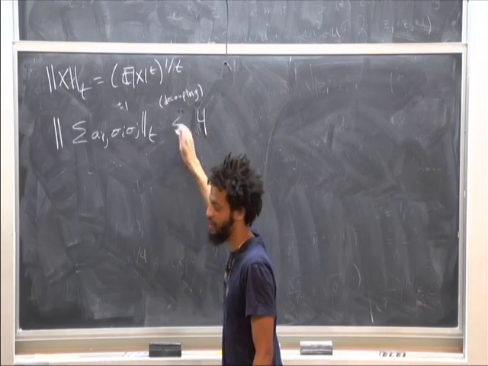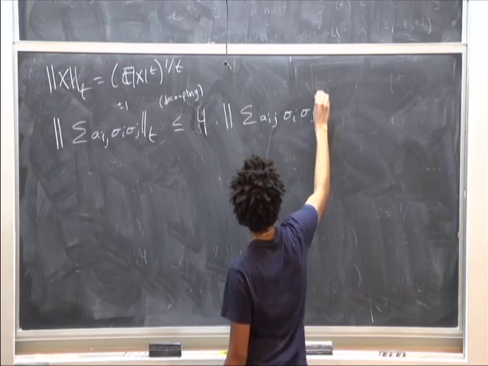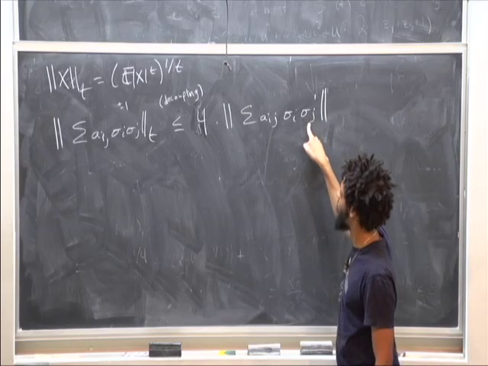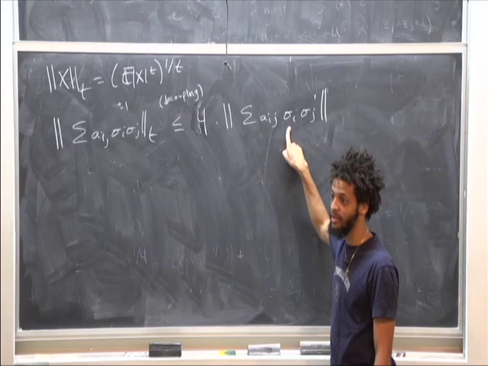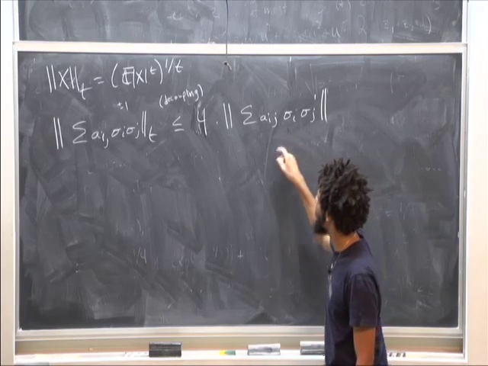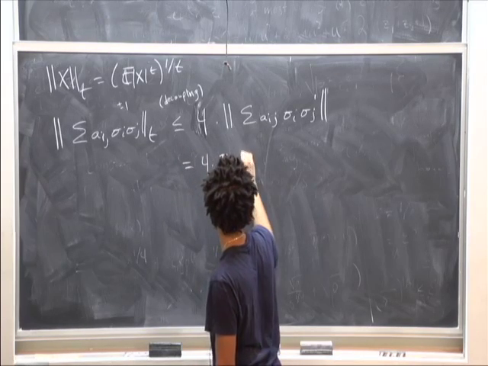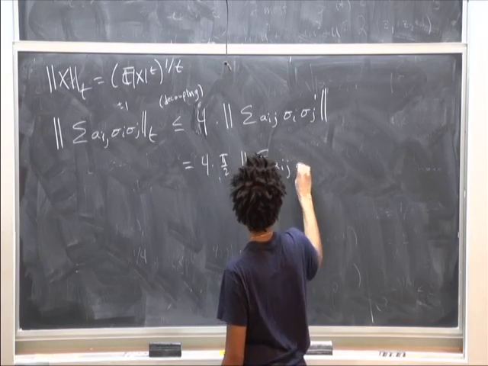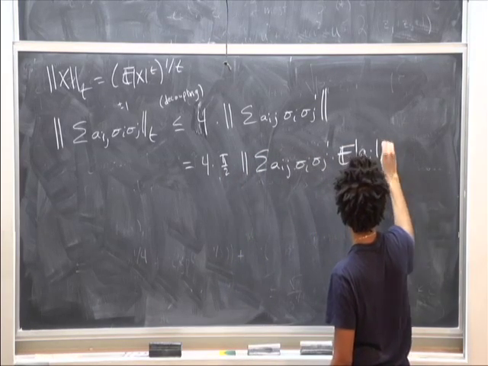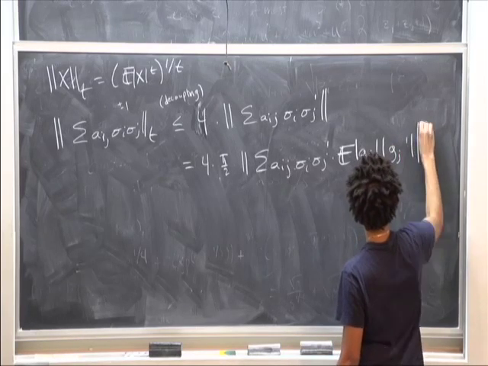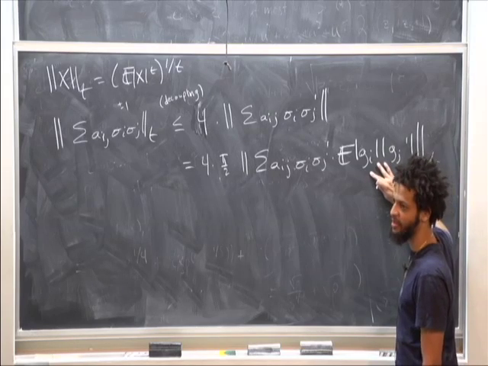One is decoupling. 4 times the sum of aij, sigma I, sigma j prime, where sigma prime is an independent vector from sigma. And then this is equal to 4 times pi over 2 times the sum of aij, sigma I, sigma j prime times the expectation of the absolute value of gi, gj prime. This is just a constant, 2 over pi, so I just pulled it out.